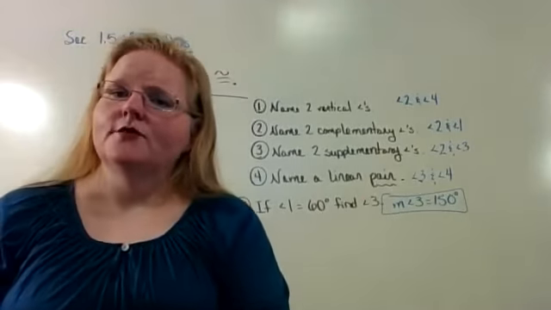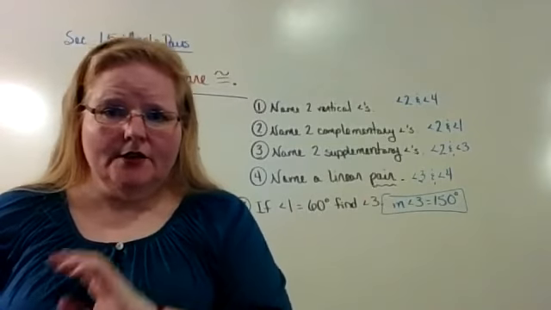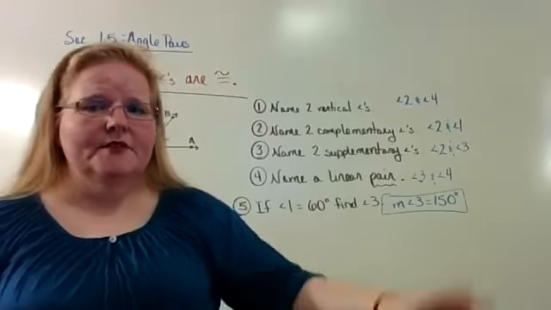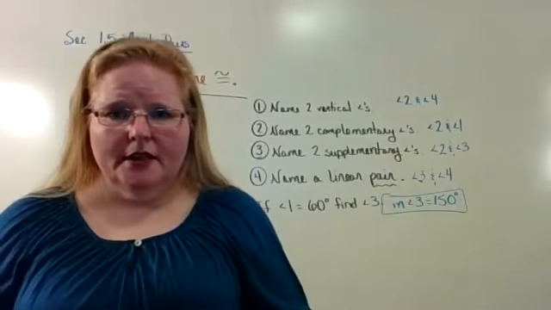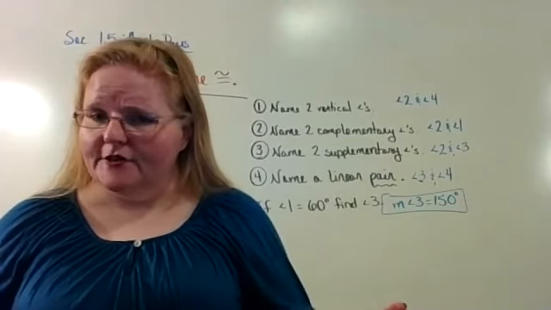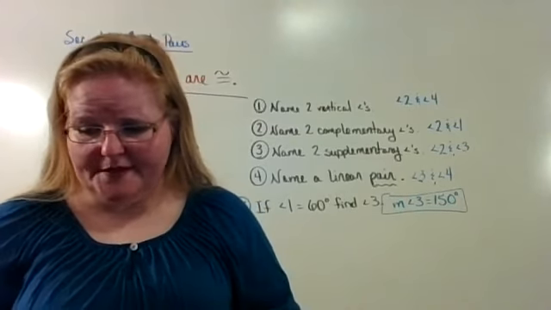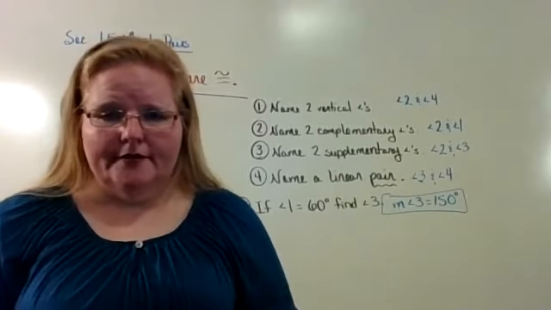Are complementary angles always adjacent? No, they don't have to be adjacent. I told you that. They could be on separate sides of the board, separate sides of the picture, separate sides of the book, and they could still be complementary because all they have to do is add up to 90 degrees. So the reasoning is they can be anywhere. That's what the book says. They don't have to be adjacent.